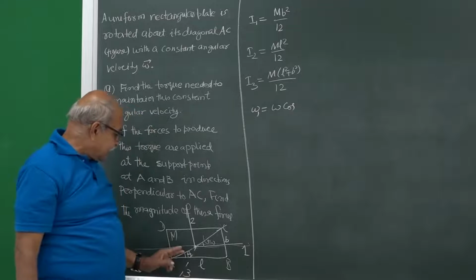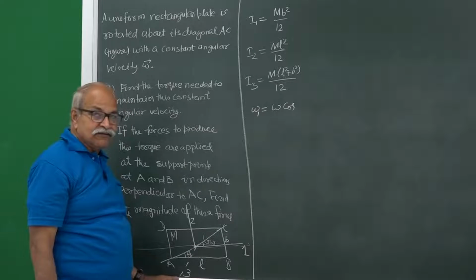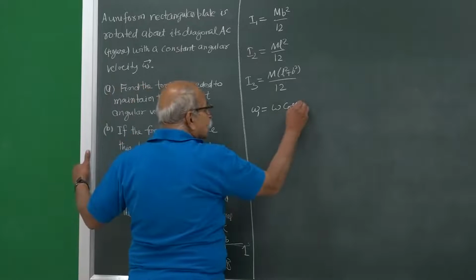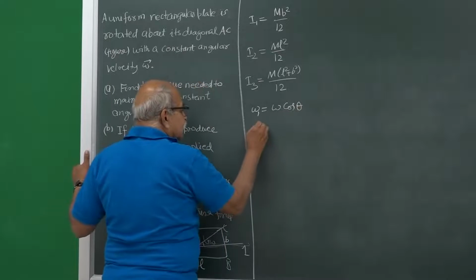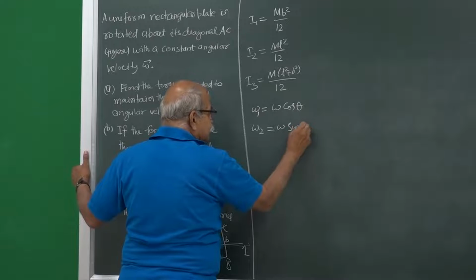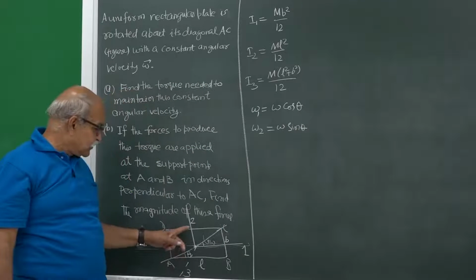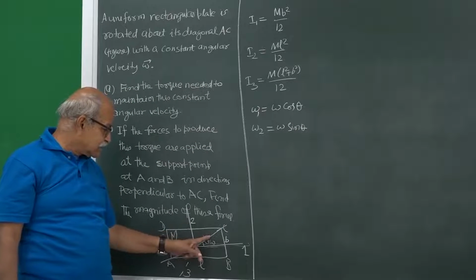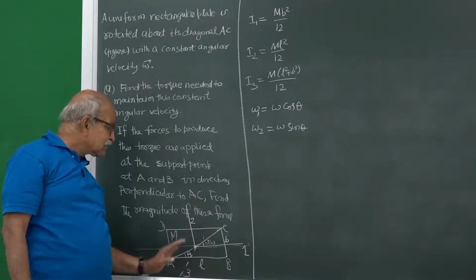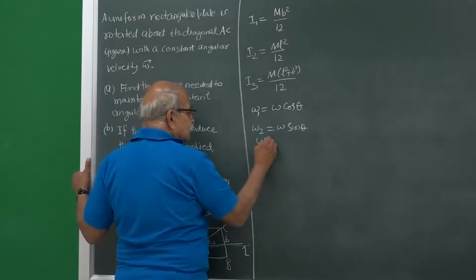We know what theta is, tan theta is b by L. So, omega 1 is omega cos theta, omega 2 is omega sin theta, because this axis and this line are in the same plane. So, omega cos theta this side, omega sin theta that side, and omega 3 is 0.